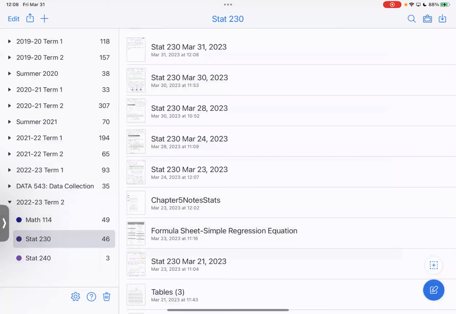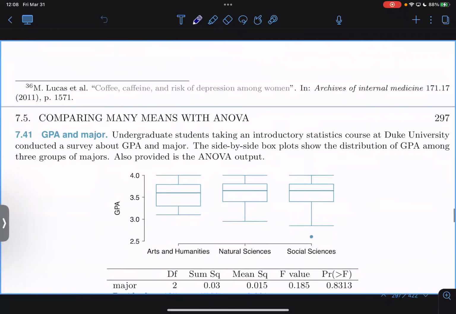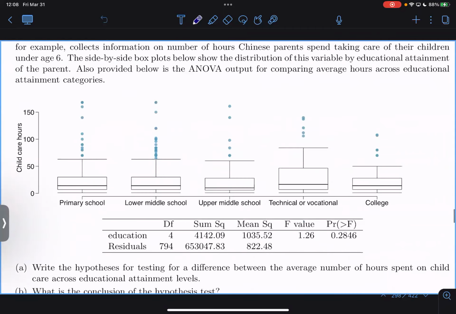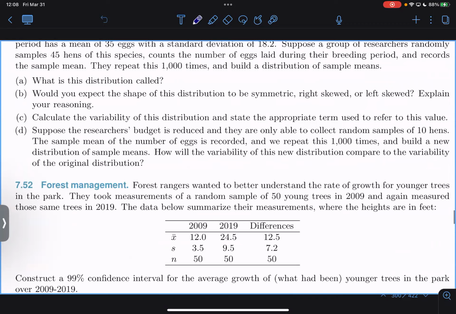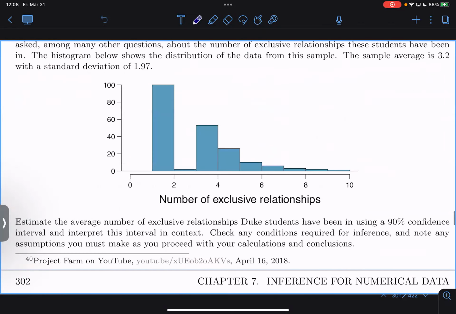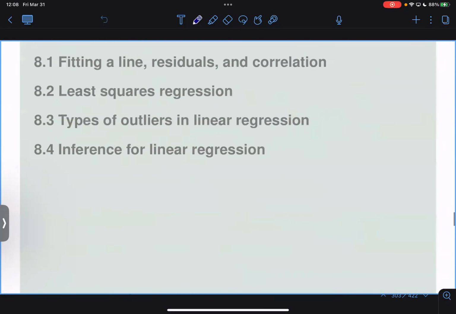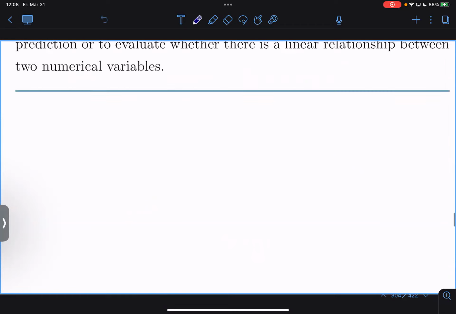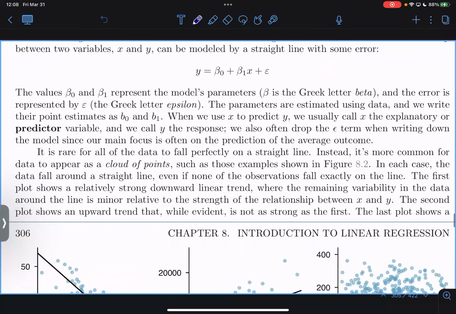And from the textbook, I want to use, boom, little elevator music. All right. Okay. Oh boy. Where is it?